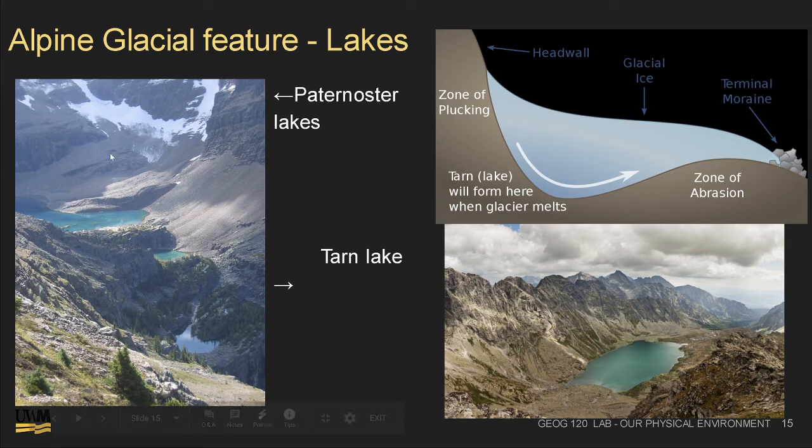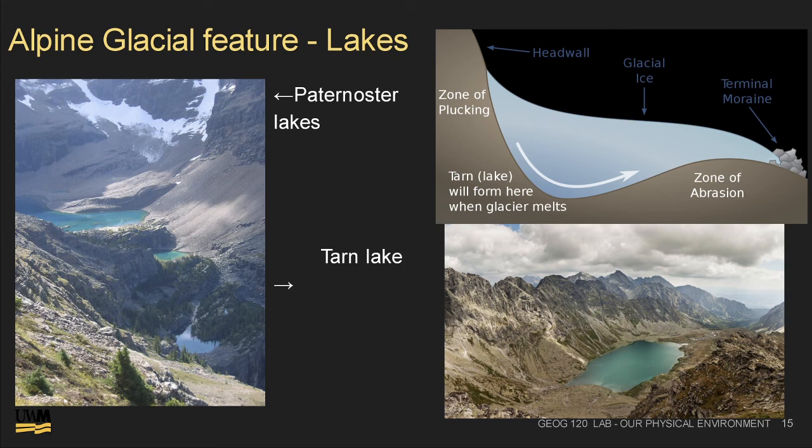For example, here on the left, these are called paternoster lakes. The word comes from basically a chain of beads because they are a chain of lakes. Paternoster lakes are multiple lakes that form from different glacial erosion over time, but forming in one chain, versus a tarn lake, which would be like an isolated lake, just one.